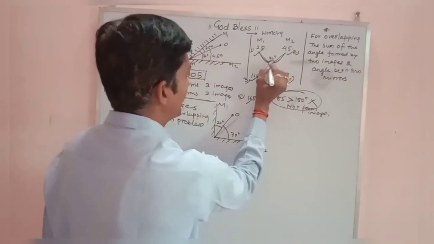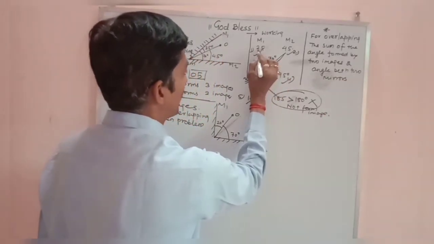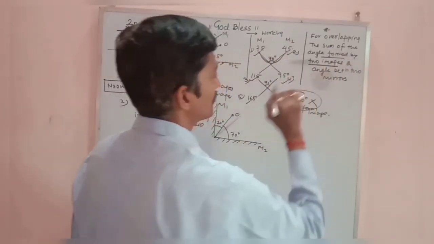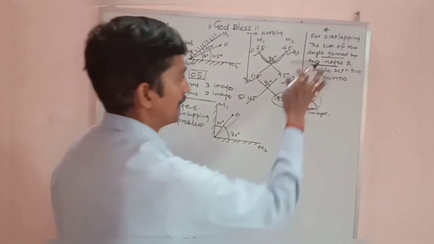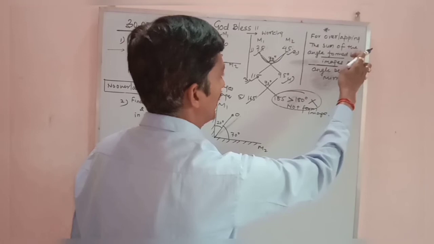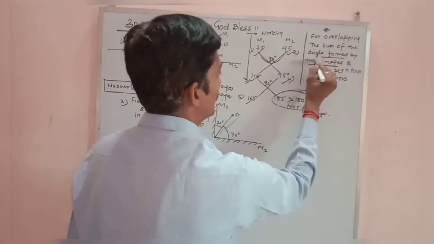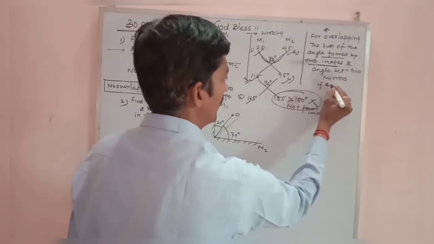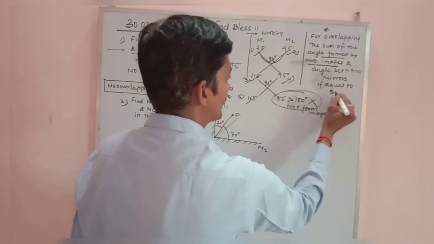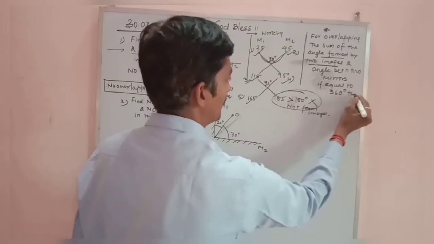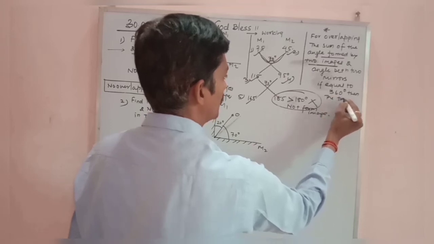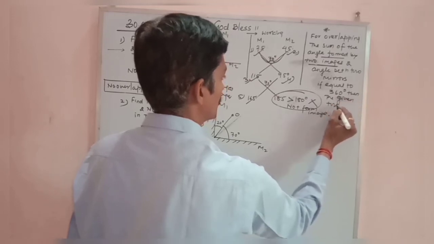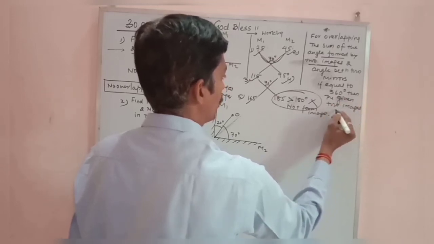What is this? 70 is the angle between two mirrors. And what are 25 and 45? These are the angles formed by two images. If the sum of the angles formed by two images and the angle between two mirrors is equal to 360 degree, then the given two images overlap.